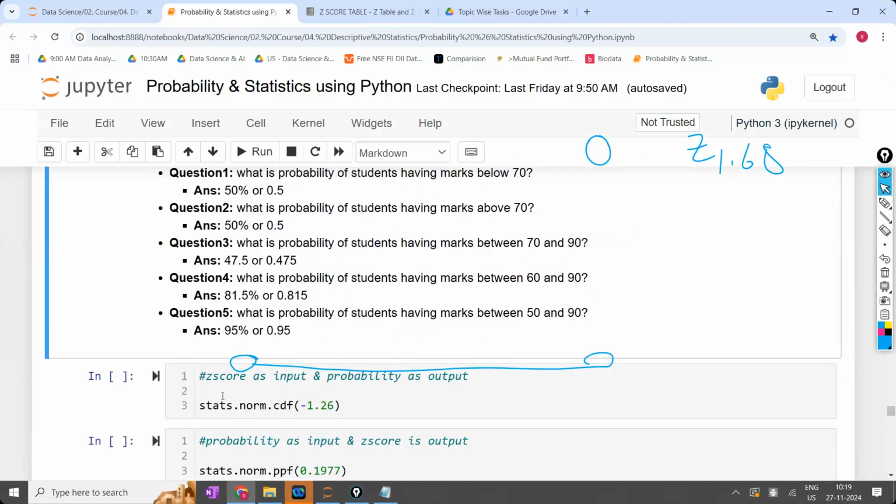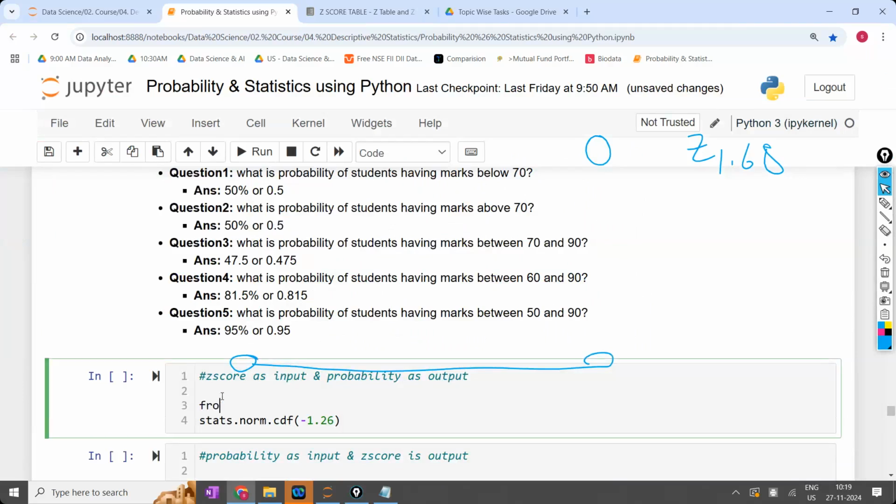Now, the same thing in Python, you are going to get by using stats.norm.cdf. Stats means from SciPy. From SciPy, I'm going to import stats. Within stats, norm means normal distribution. CDF means cumulative density function. Density or probability, both are the same, I told you, right?